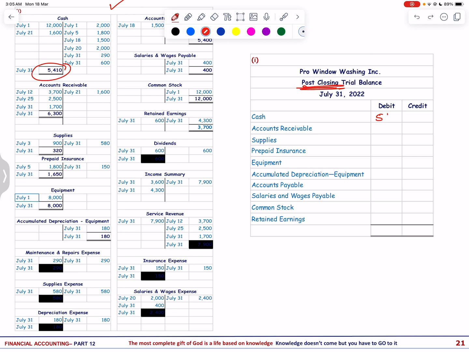Then we have supplies 320. Prepaid insurance 1650. Equipment is 8,000. Accumulated depreciation is 180. Accounts payable is, how much is accounts payable? 5,400. Salaries and wages payable 400.